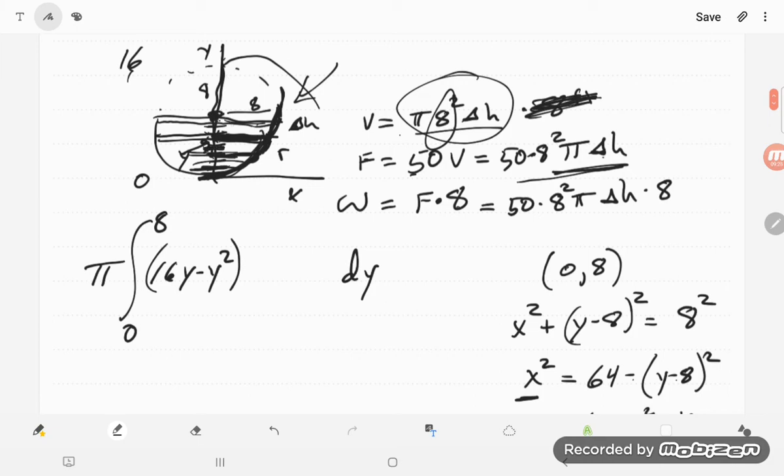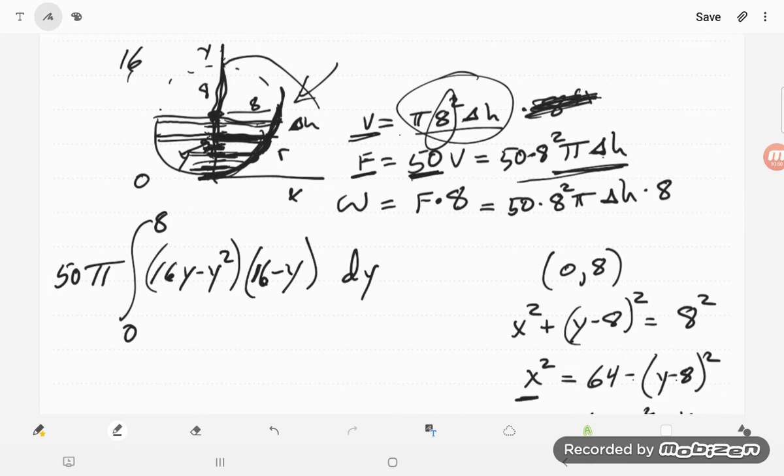Well, for a given y value, I pumped it all the way up here to 16, and so that is 16 minus y. Okay, so I have that much, and I keep forgetting my 50, so I also had that 50 here to change the volume to the force. Okay, so I put all that together.